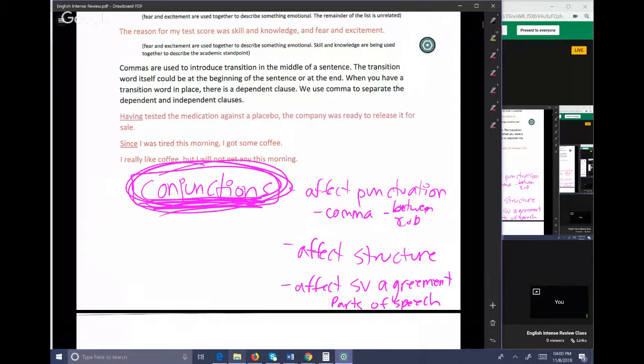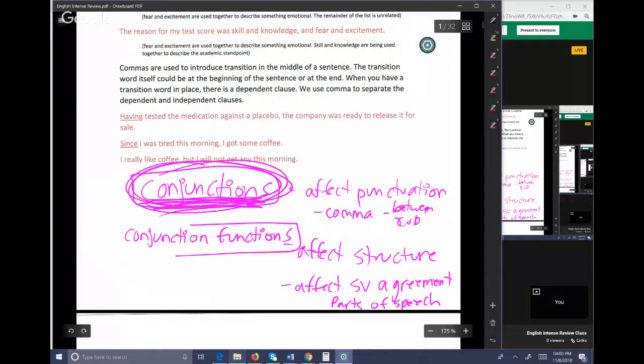So we really want to be aware of conjunctions and something that I'm going to nickname conjunction functions. And I'm totally not trying to be funny with that, but you will probably remember it since we like things that rhyme. What I mean by conjunction functions is something that's going to come up soon in an example.